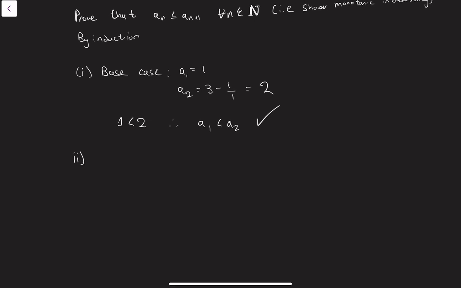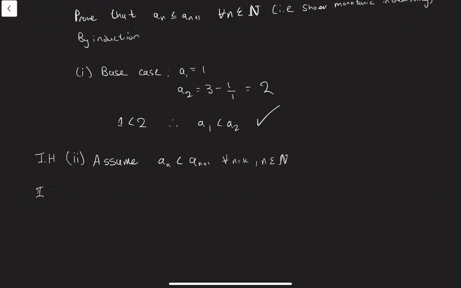Now we need to do the induction hypothesis. Assume that AK is less than AK plus 1, right? So we're going to assume for the induction hypothesis, and I'll write I.H. here, that AK plus 1 is bigger than AK, and this is true for all n equal to k, and n is an element of the natural numbers.